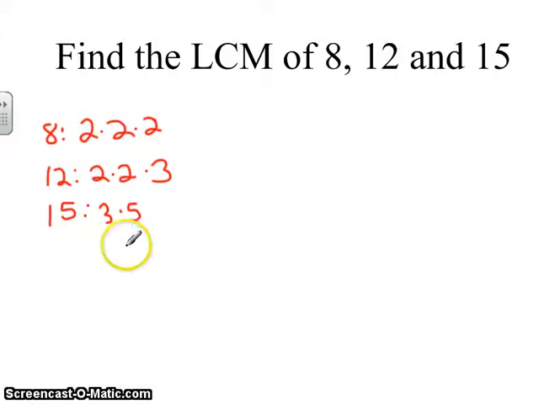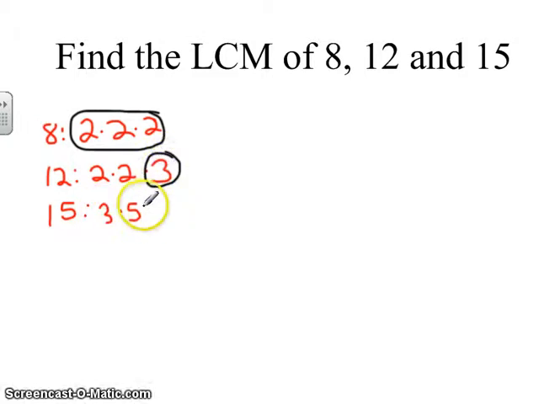Then I want to circle the number with the most 2's, circle the number with the most 3's, doesn't matter, because they both each have 1. Then I'm going to circle the number with the most 5's. Okay, so now I've got 2 to the third power times 3 times 5.